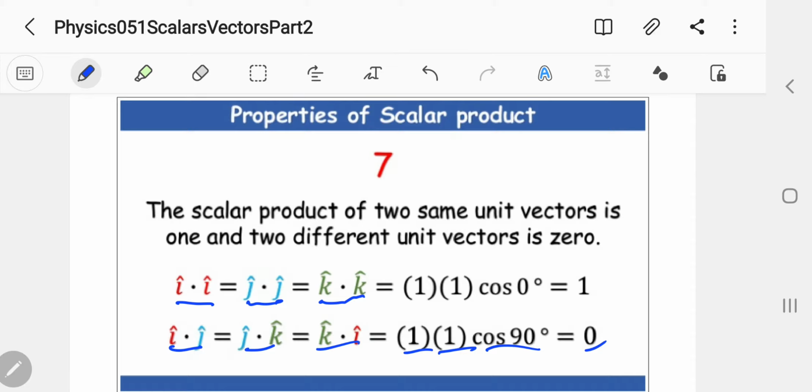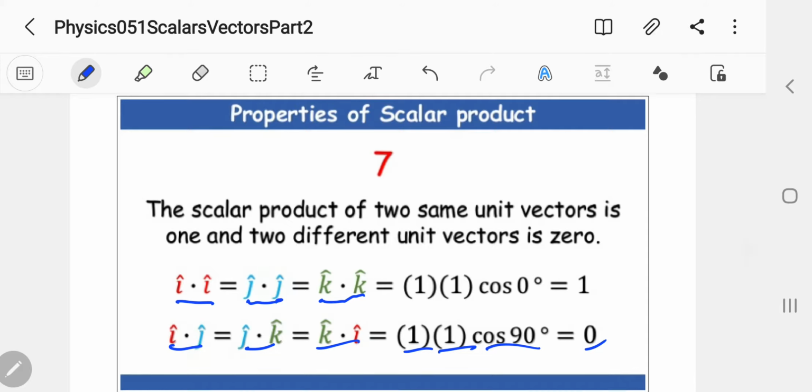Cosine 90 is equal to 0, so everything is 0. So if you have two unit vectors in the same direction, you get 1. If it's anti-parallel, say for example negative I dotted with I, that's -1, of course.